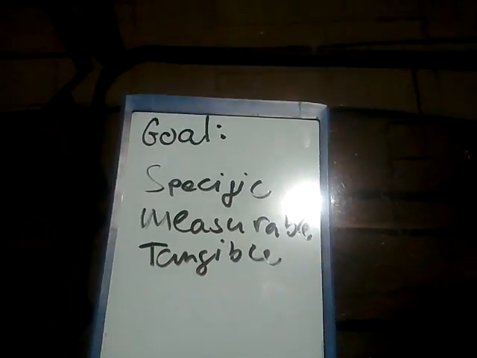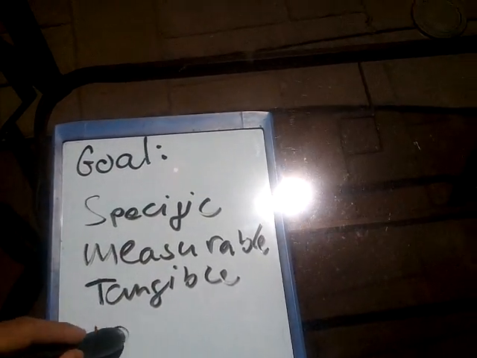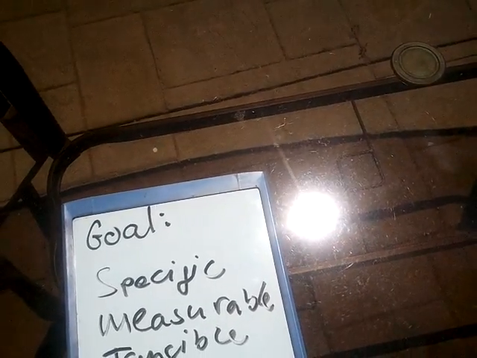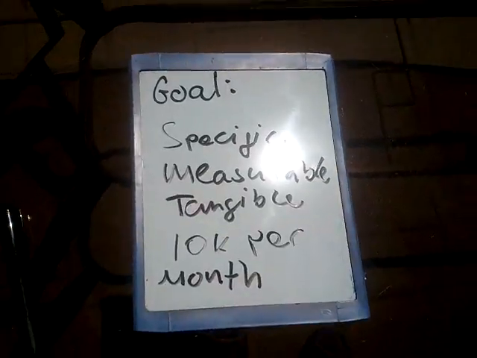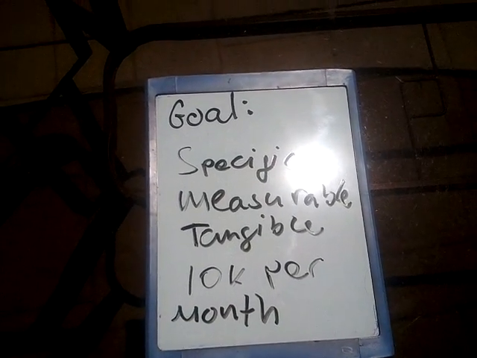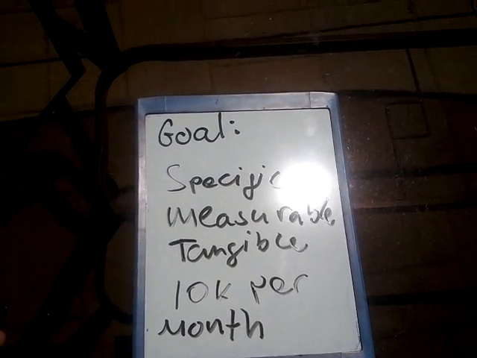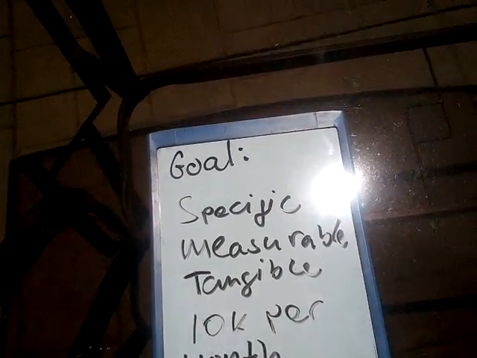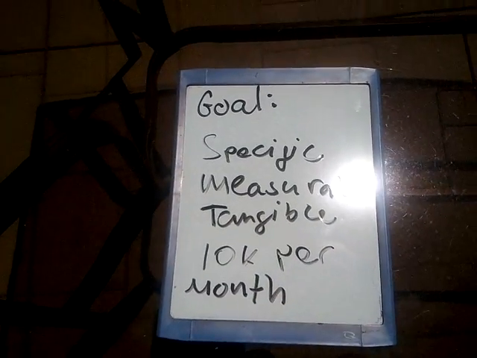For example, let's say you want to be making 10K per month. Let's say you're doing an affiliate program and you're making 10K per month. Well, in order to do that, I need an eraser. I'll just use my hand. It's fine. Let's say you want to make 10K per month.